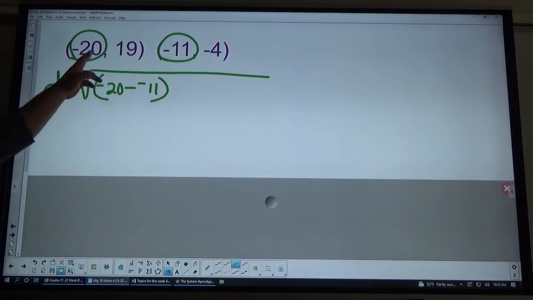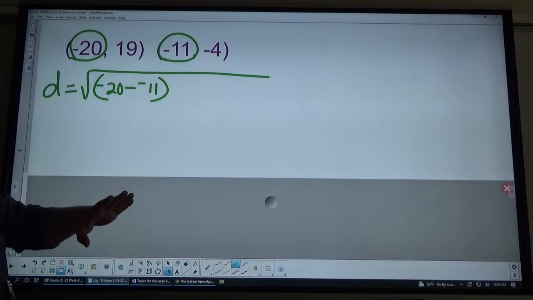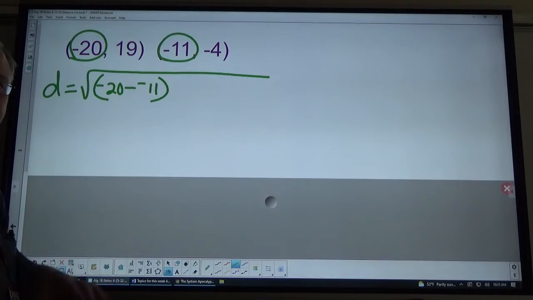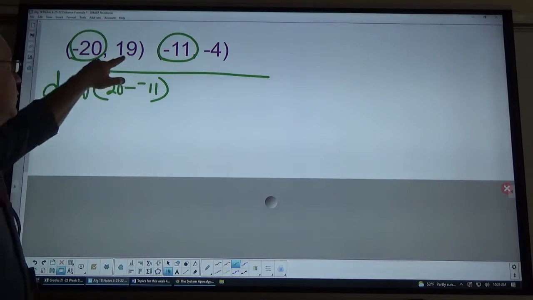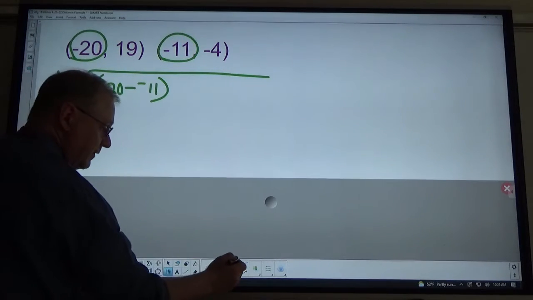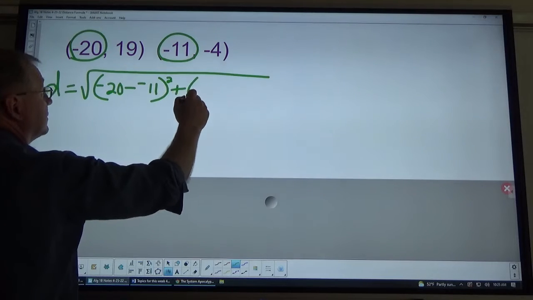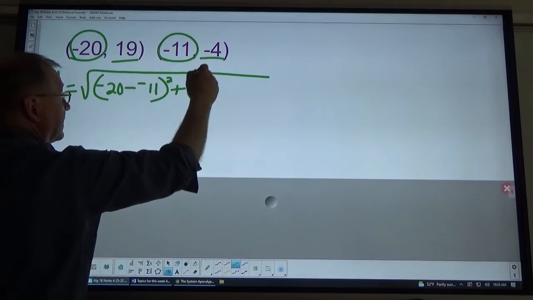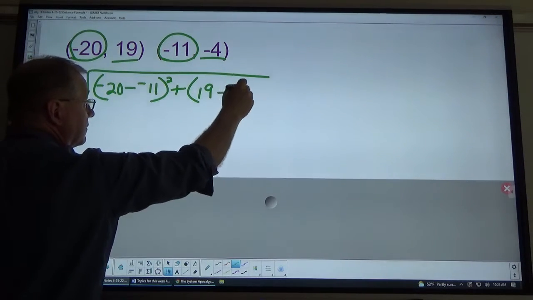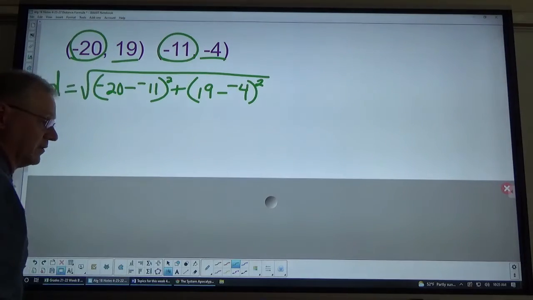You don't want negative 20 minus 19. Those are not the same coordinate. Those are x's and y's. You want the 2 x's, squared, plus 19 and negative 4 subtracted squared.